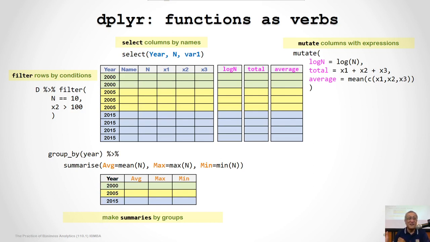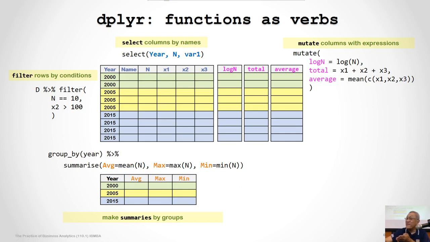Let me say it again. After summarize, every group is summarized into a row. Now, the width of the row depends on how many variables you put into this summarize function call.